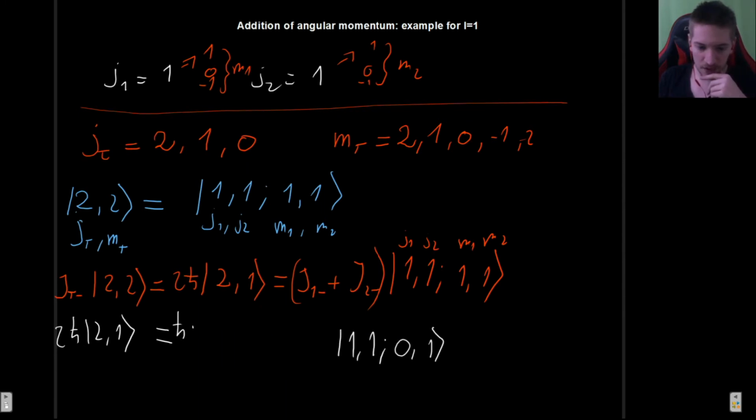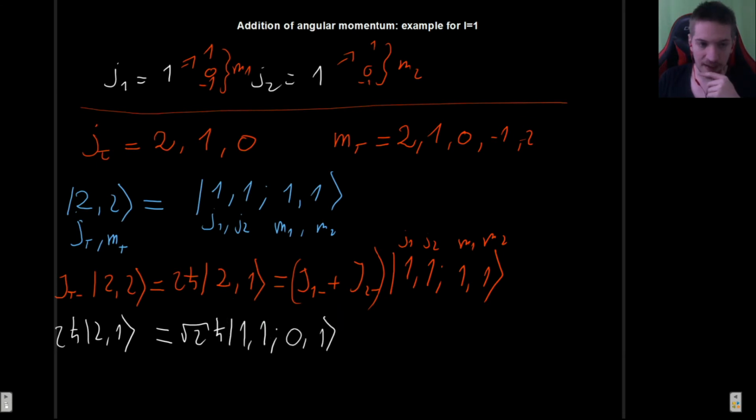So H bar square root of the value of J, which is 1, so we get 1 times 2 minus the value of M, which is 1. So 1 times 1 minus 1, which is 0. So the second part is 0, and this part right here is 2.